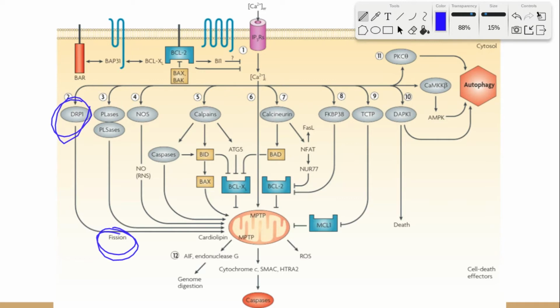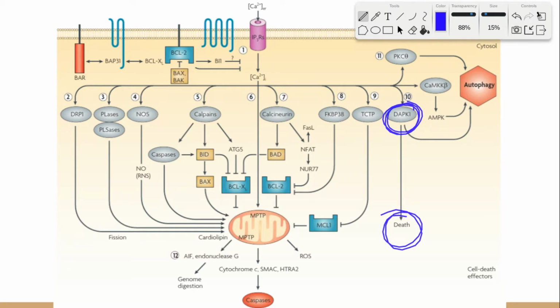The last thing in this graphic I wanted to mention is DAPK1. DAPK stands for death-associated protein kinase. DAPK is a calmodulin calcium-dependent kinase that promotes cell death. The mechanism still isn't fully understood.